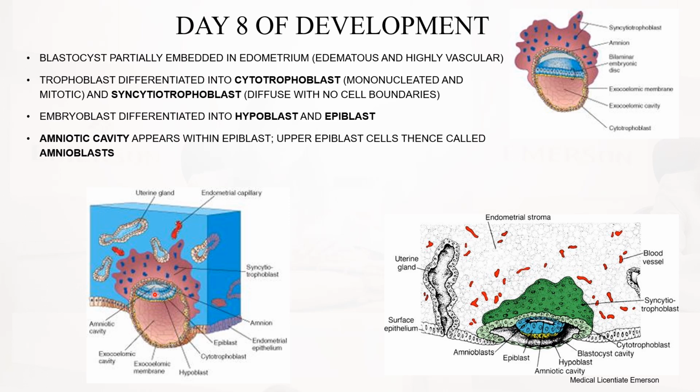Then a cavity is going to appear within the epiblast. This cavity will be called the amniotic cavity. And then lastly, the upper epiblast cells we are now going to start calling the amnioblasts. Remember, from the embryoblast to amnioblasts, the cells that form in the upper epiblast cells are the ones we call the amnioblasts. So this is day 8.